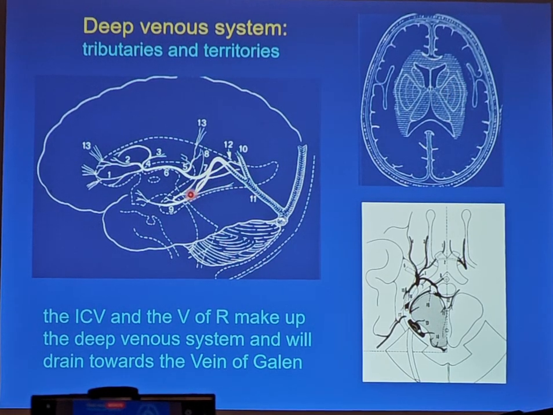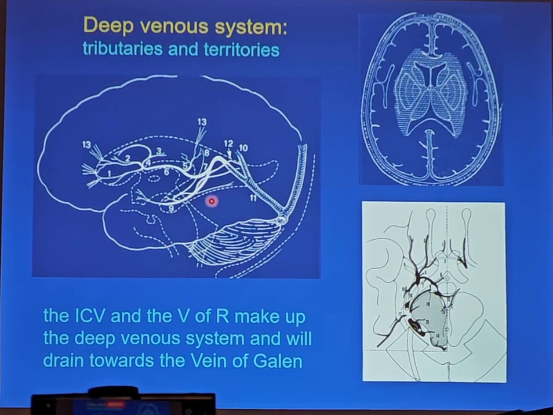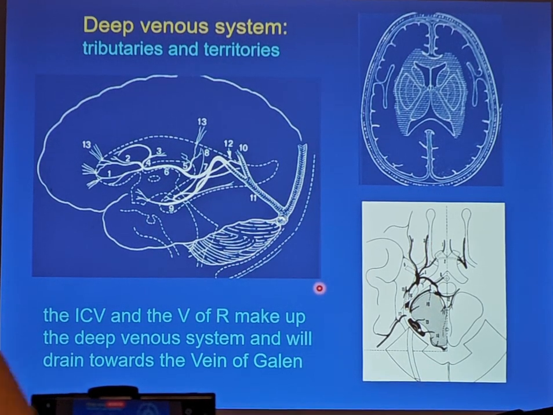The vein of Rosenthal is part of the deep venous system, although it also drains cortex; its territory is the midbrain, the medial temporal lobe, and the inferior frontal lobe region. So we're going to look at the various variations that can occur.